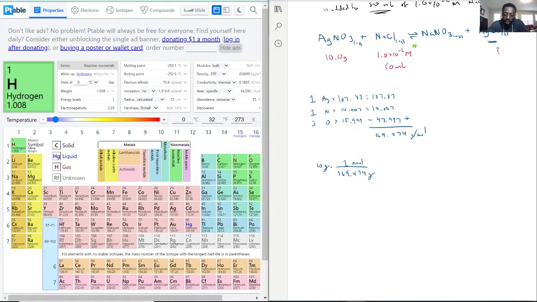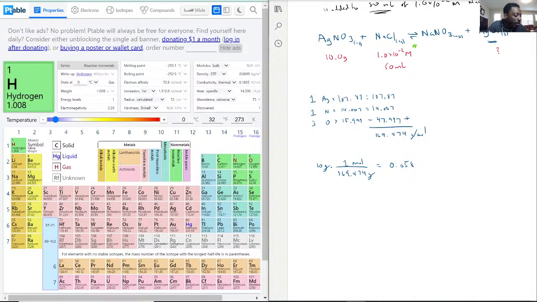That is 1 mole of silver nitrate. Okay, silver nitrite is something else; that's silver nitrate. So 10 divided by that, we get 0.058.